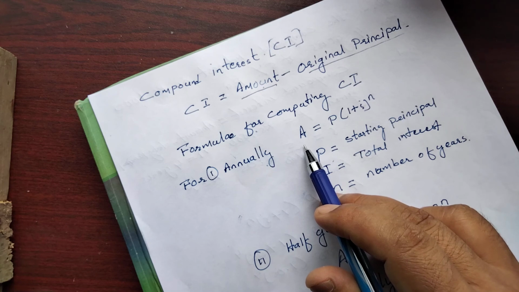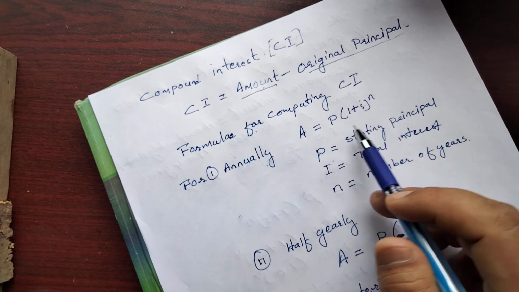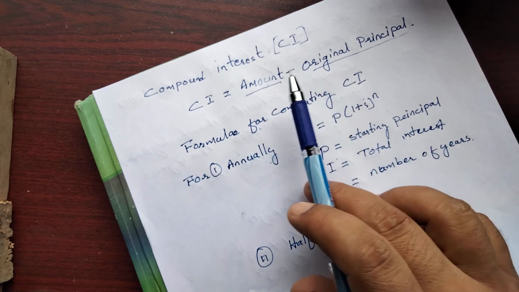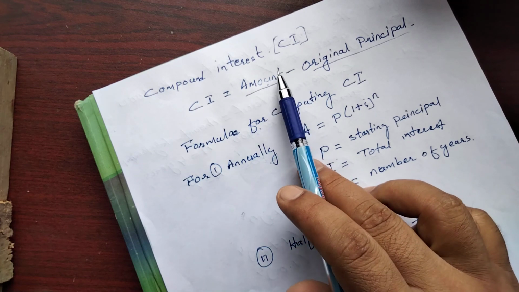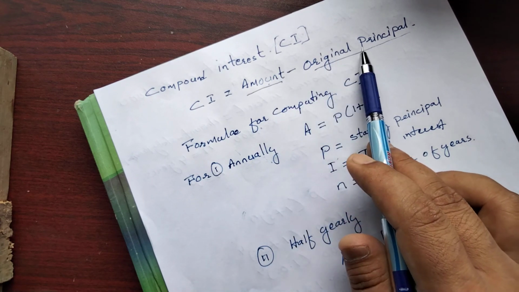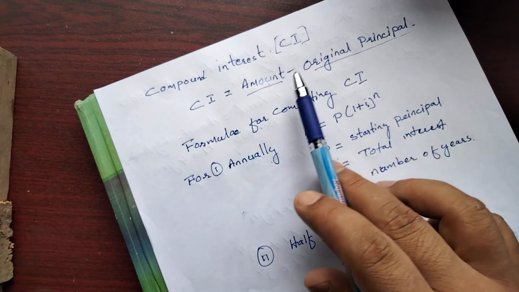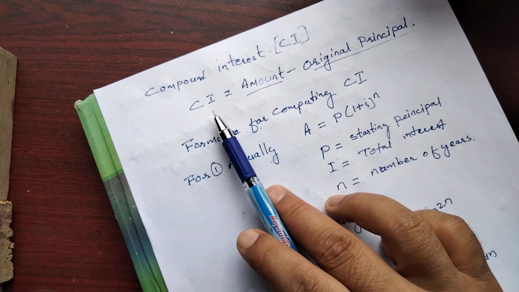By applying this formula you can easily find the amount. After arriving at the amount, you deduct the original principal from it, and you get the compound interest.